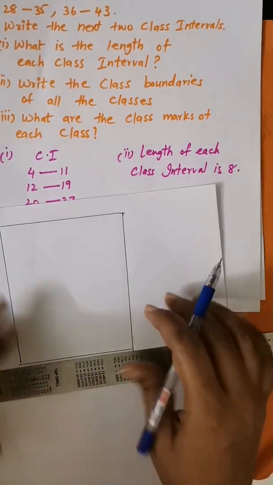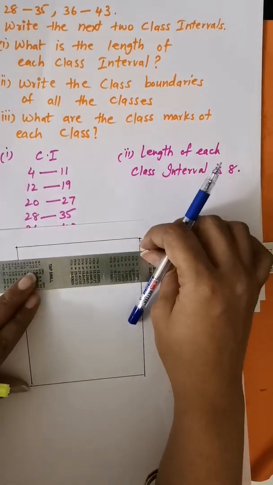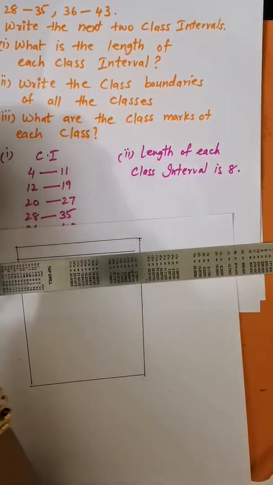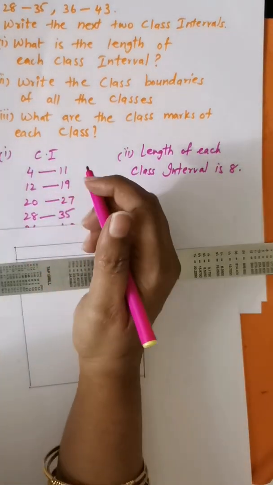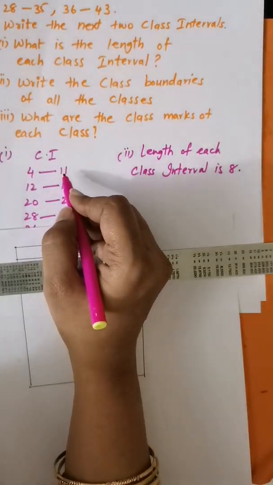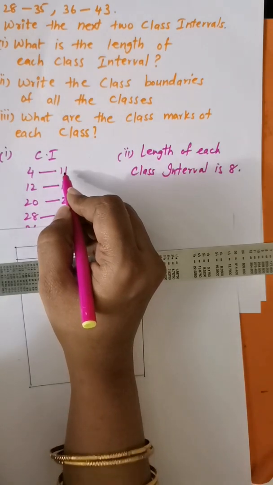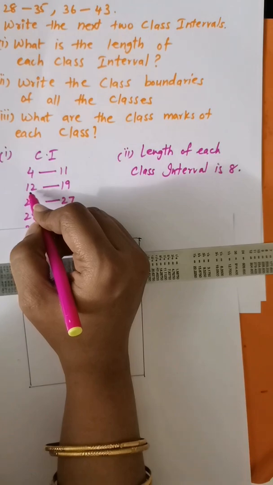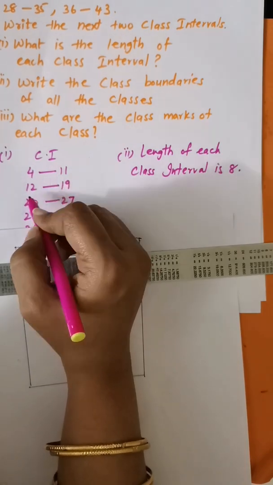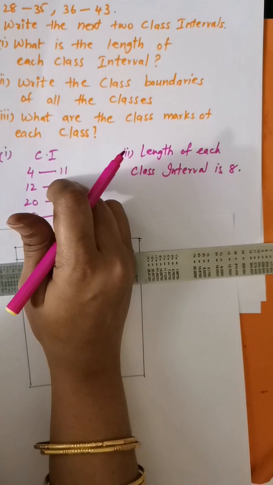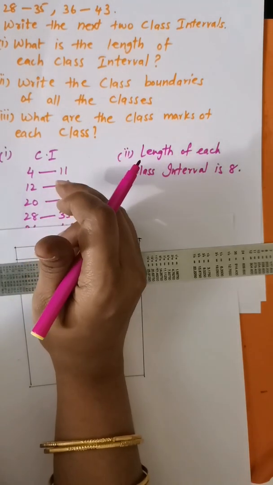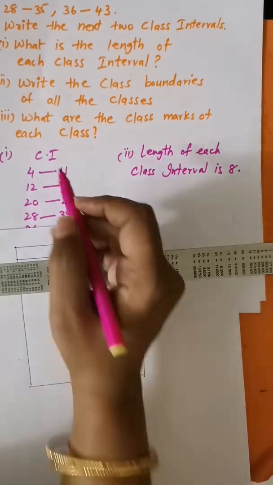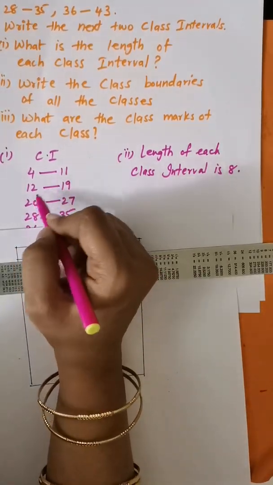This type of class interval, where the upper limit of the first class interval is not equal to the lower limit of the second class interval, is called an inclusive class interval. Now if you want to make these two equal, we have to find class boundaries.